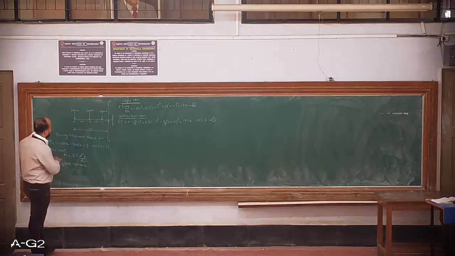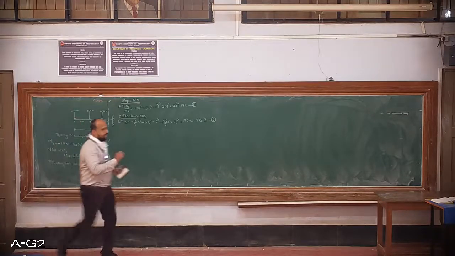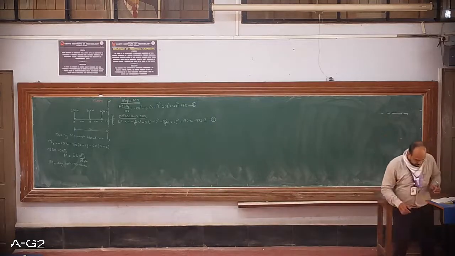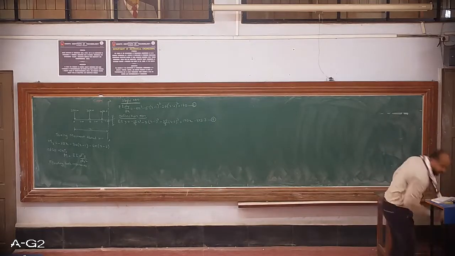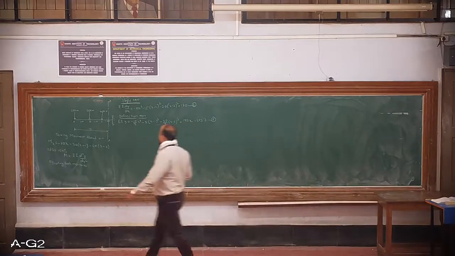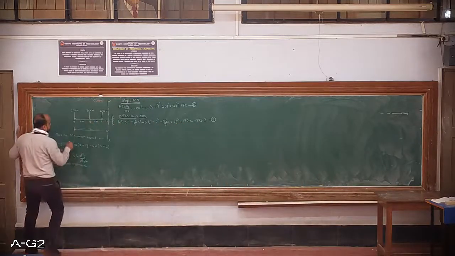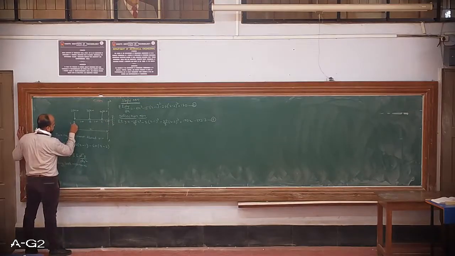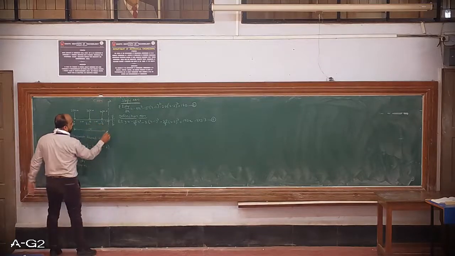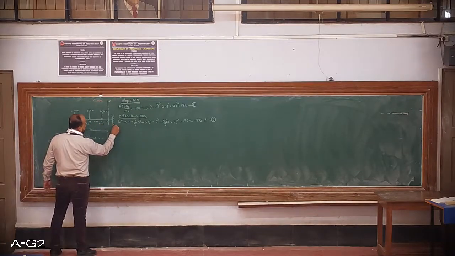x is 0 here. So I will write those values, how x is getting incremented, so that it is easy for you to understand. x is 0 here, x is 1 here, x is 2 here, and x is 3 here.